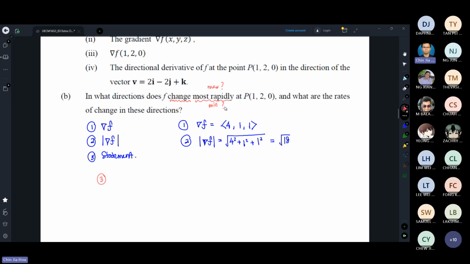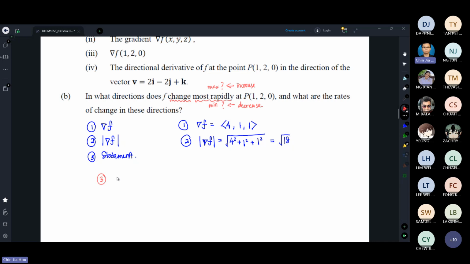If it mentions the maximum rate of change, or increase most rapidly, decrease most rapidly, then increase means that it is max. Decrease means that it is min. Since in this case we don't have increase or decrease, it only mentioned most rapidly, we know that it is this kind of question of maximum or minimum rate of change. So we need to write the statement.